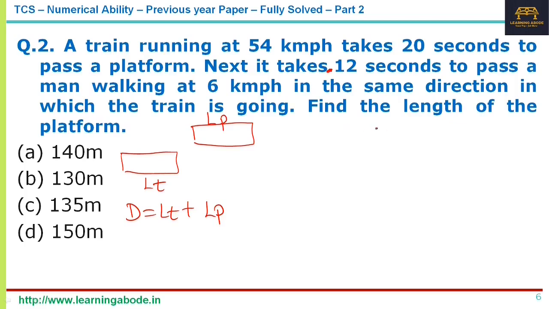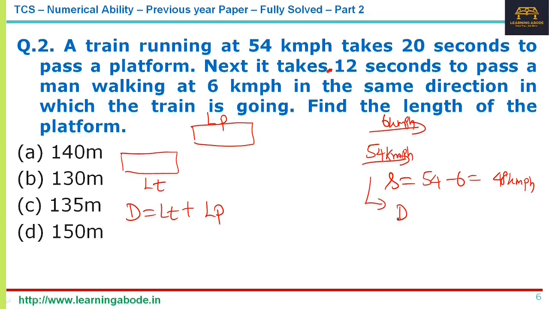Now when a man is walking at 6 km per hour speed, and the train is going at the rate of 54 km per hour, when they are going in the same direction, the speed is the relative speed, 54 minus 6, 48 km per hour, and as far as the length is concerned, it involves only the length of the train. That alone, only the length of the train.